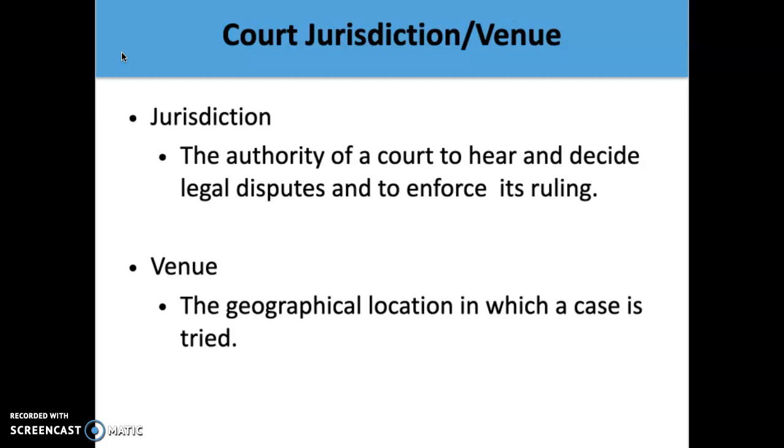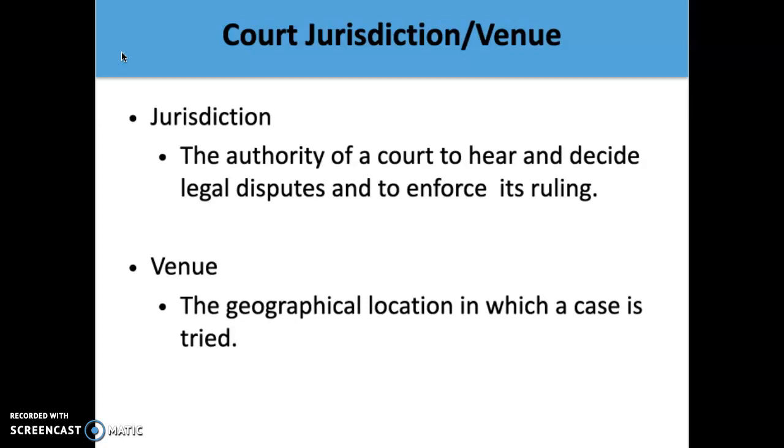Okay, that's jurisdiction. So federal courts can only hear cases involving violation of federal law or violations of the U.S. Constitution, whereas state courts can hear cases involving violation of state law and state constitutions.